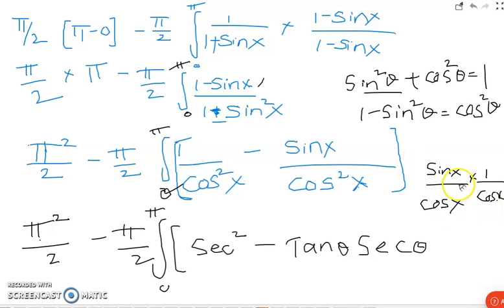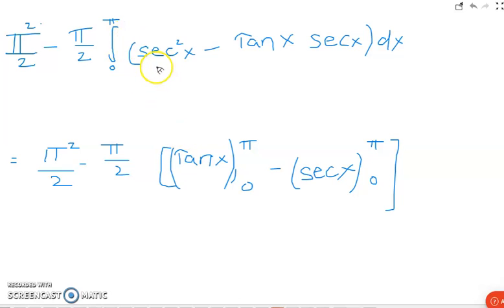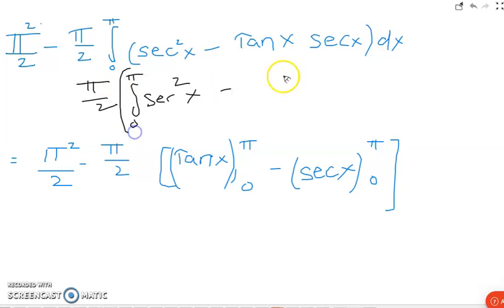Cos into cos is cos square, so we have sin by cos square, and in place of theta we write x. Now we separate: pi by 2 times the integral from 0 to pi of sec square x minus the integral of tan x sec x dx.